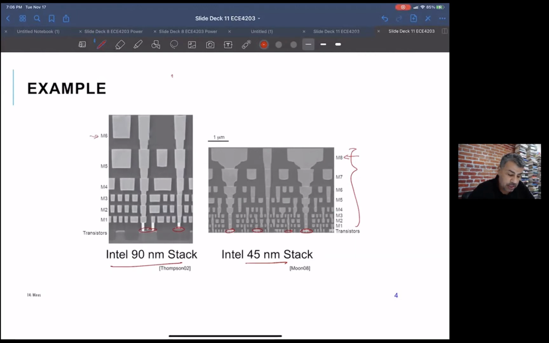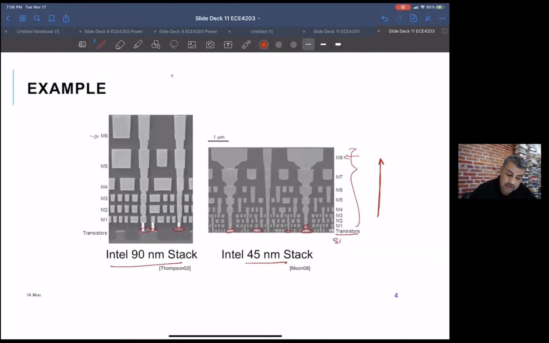What else do I want to say about this? The other interesting thing is that as you go higher up in the stack, so this is the transistors, this is the silicon surface, as you go away from the silicon surface, the metal thicknesses get thicker and thicker.